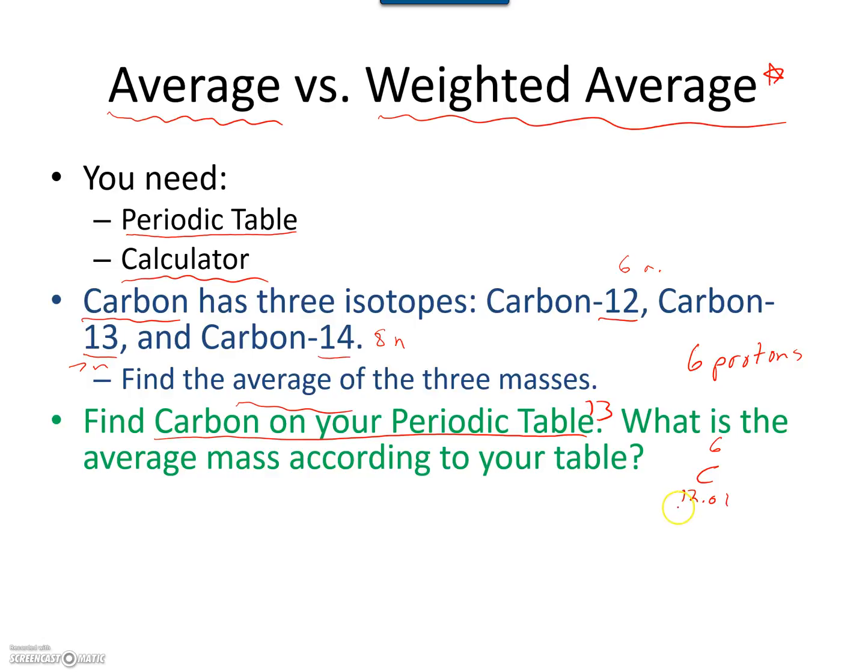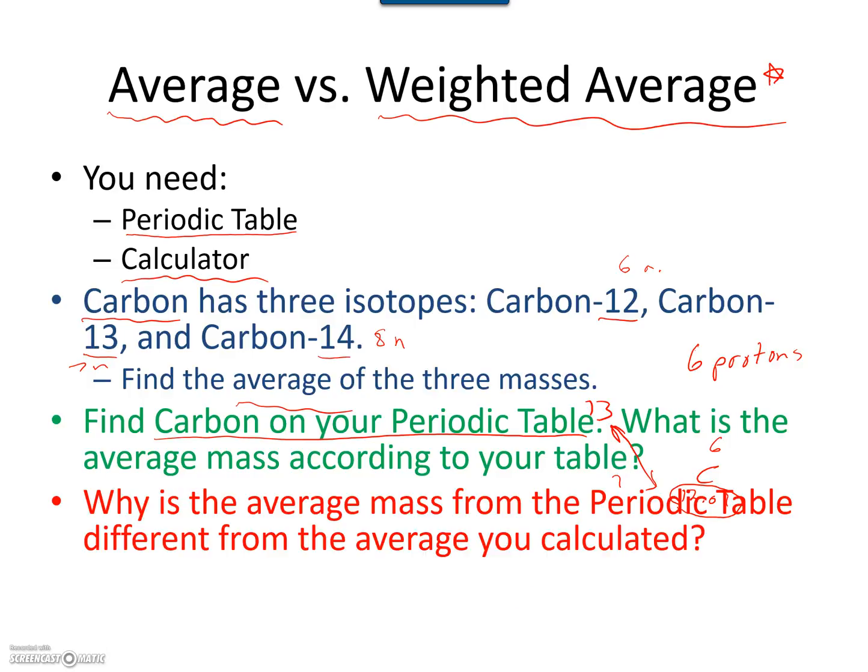That 12.01 is supposed to be my average mass, but that does not match that 13. So the question to think about is, what is causing that difference? Why is the average mass from the periodic table different from the average you calculated? We calculated 13, the table says 12.01. What's that difference, and how do we account for that?